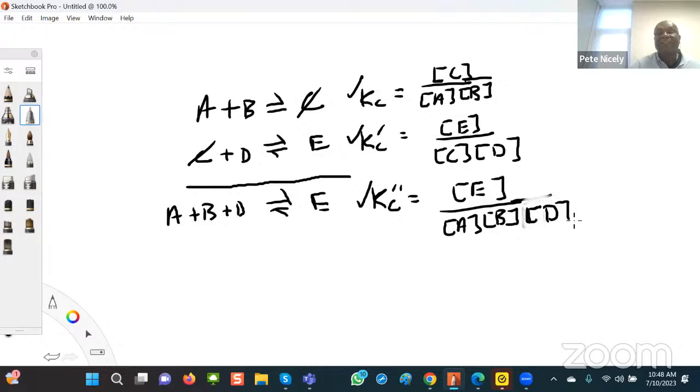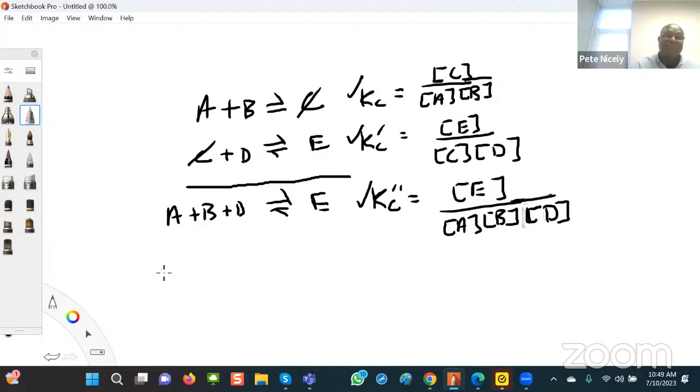Okay, concentration of D. All right, so what's the relationship you think between these three terms, Kc, Kc prime, and Kc double prime? Kc double prime equals Kc times Kc prime.